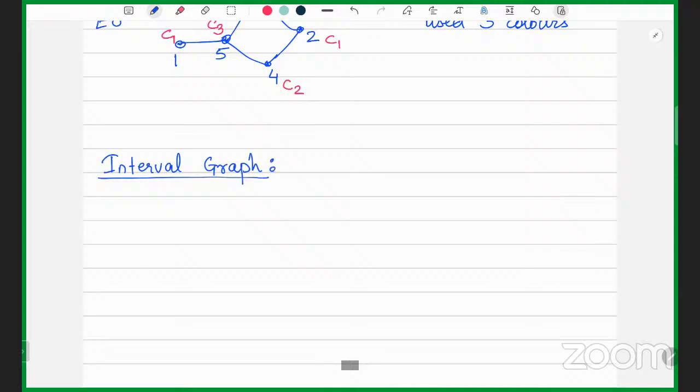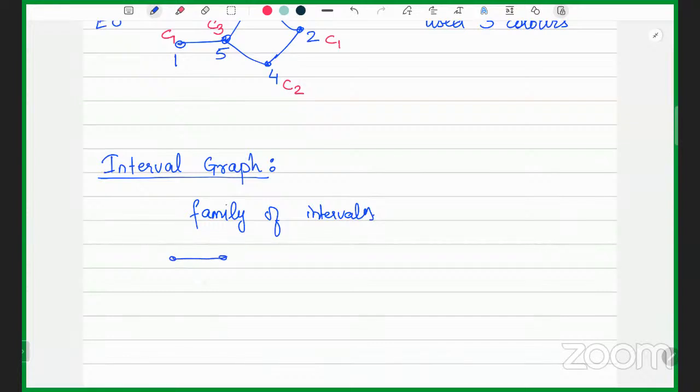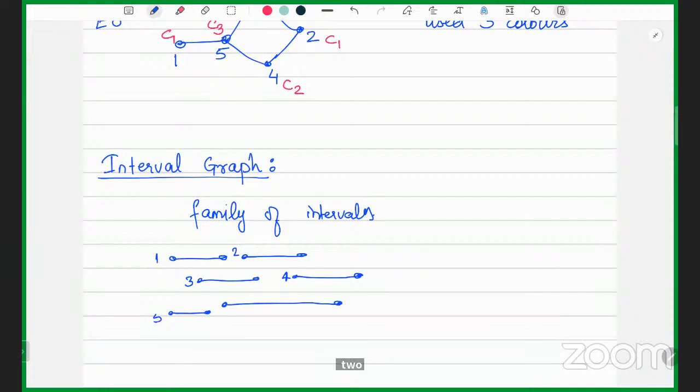These are graphs which are constructed from intervals. So suppose we have a family of intervals. Let's say some intervals like these: 1, 2, 3, 4, 5, 6.